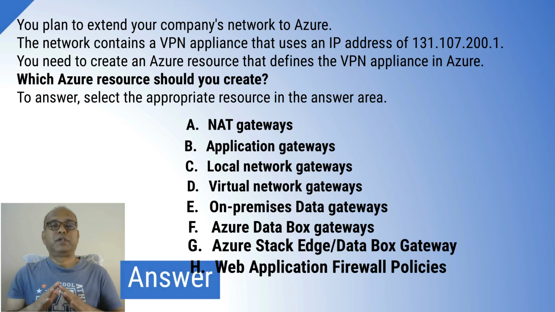Answer: a local network gateway is an object in Azure that represents your on-premises VPN device. A virtual network gateway is the VPN object at the Azure end of the VPN. A connection is what connects the local network gateway and the virtual network gateway to bring up the VPN. The local network gateway typically refers to your on-premises location.